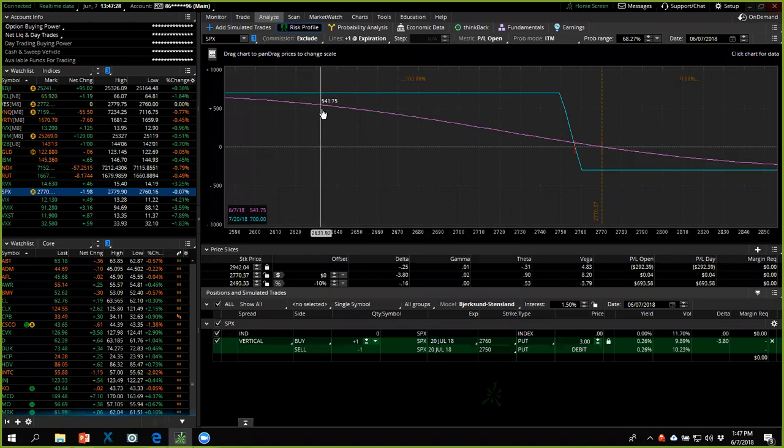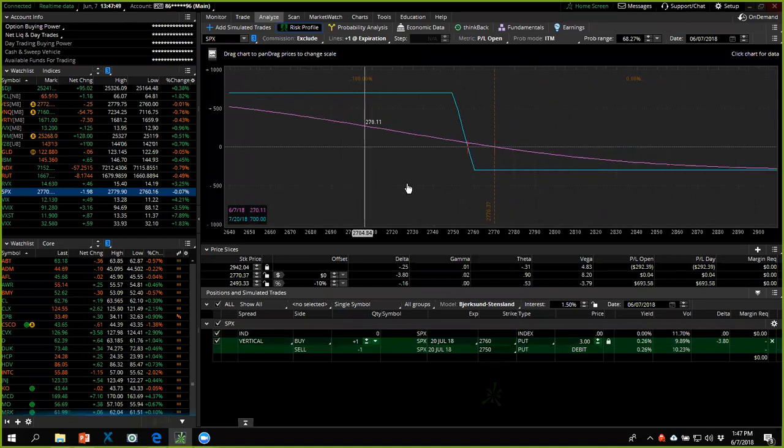Now you need to manage this both on the downside and the upside. If it moves too far or takes too long, you want to either harvest it or exit it before you lose too much of that $3. So the first thing you can do is you might set up an alert on this. Now, let's talk about the upside.